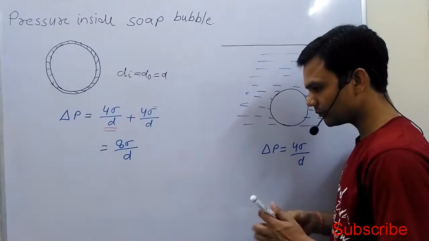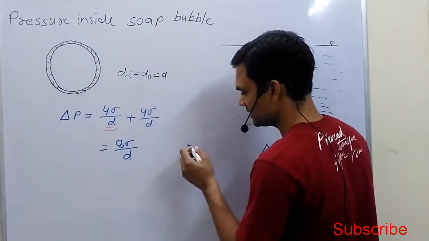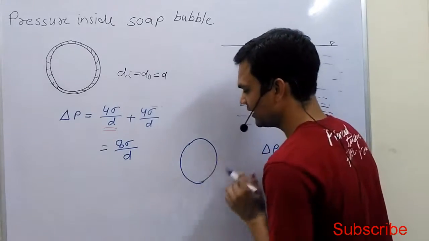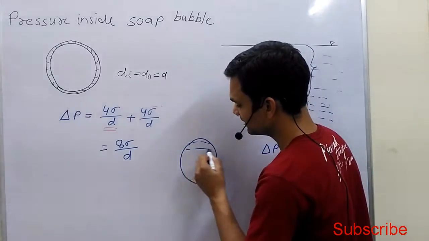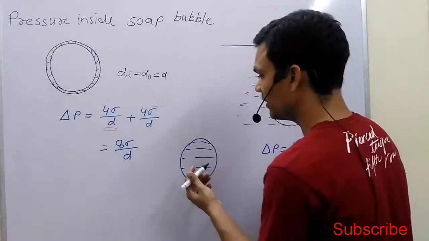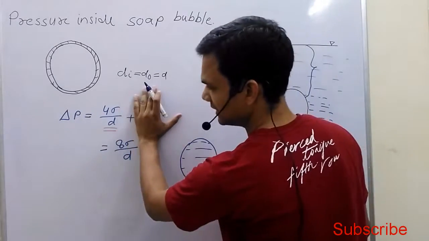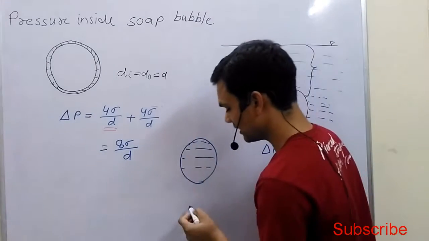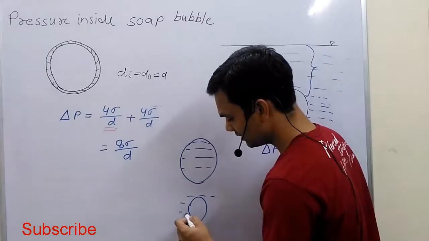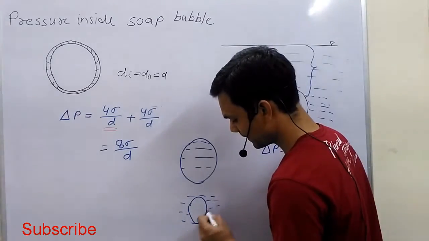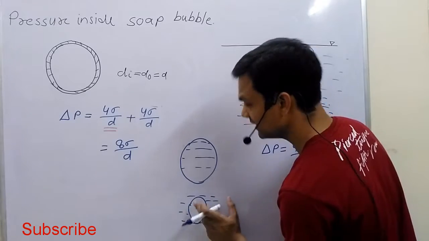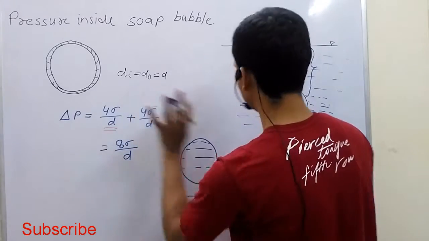If in this case, suppose this is a droplet and liquid is on this side and outside is here, then the formula will be this. Suppose another case, now this is a droplet and water is outside, because there is a medium on this side outside and a medium on this side inside, so the formula will be this.